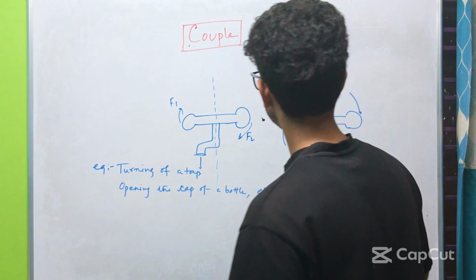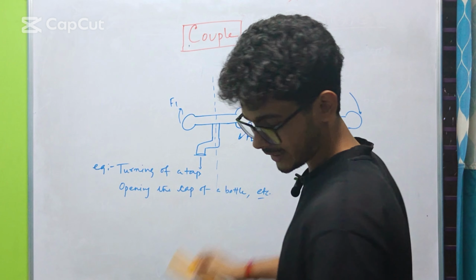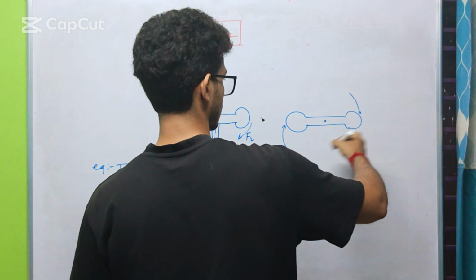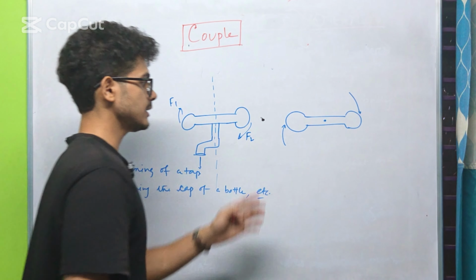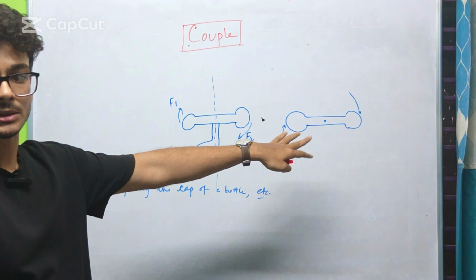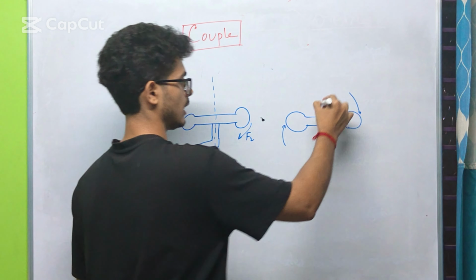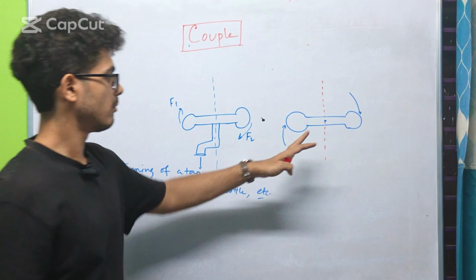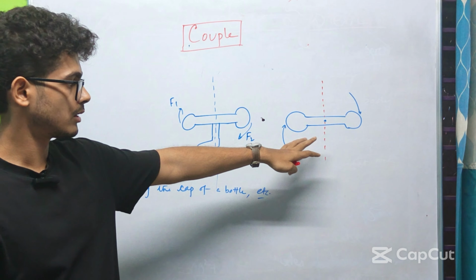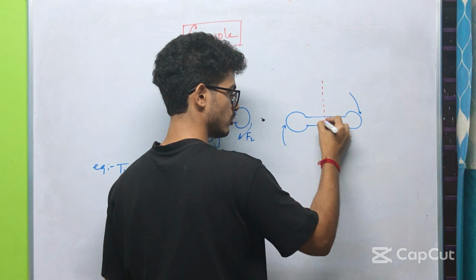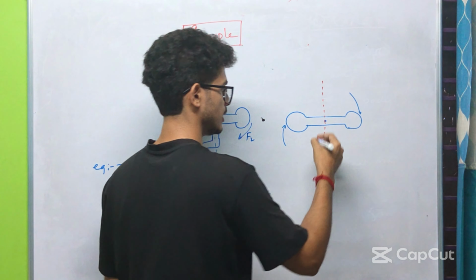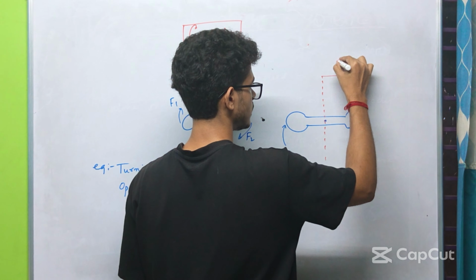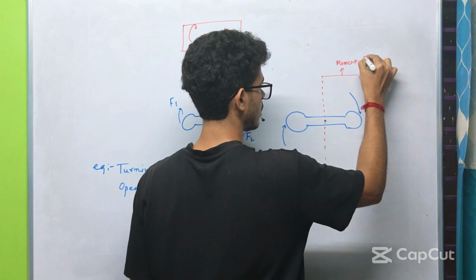Now we have already seen that whenever we apply a force on a body at some distance from its pivot point, it tries to rotate the body around the pivot point. For these kinds of forces we calculate moment or torque.